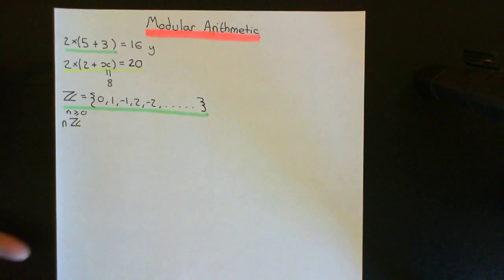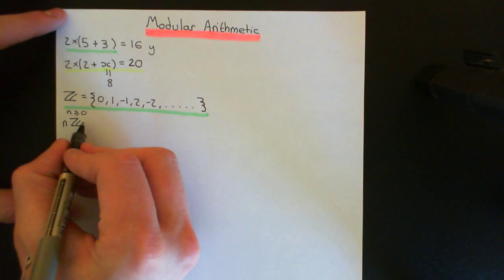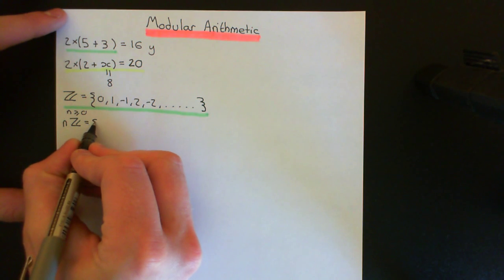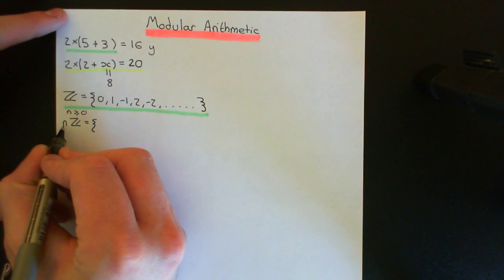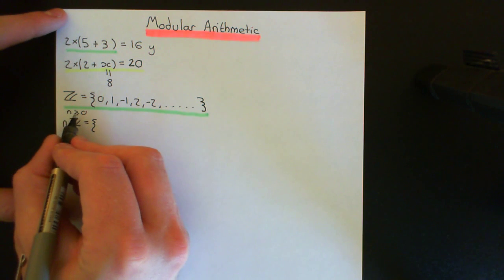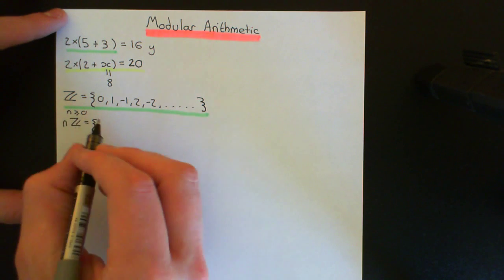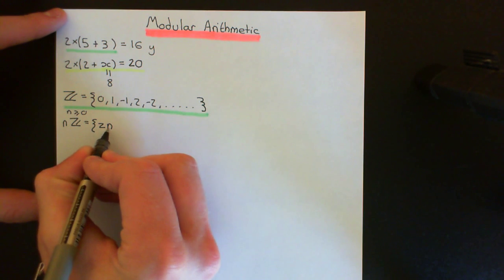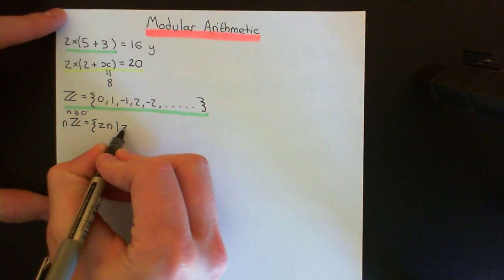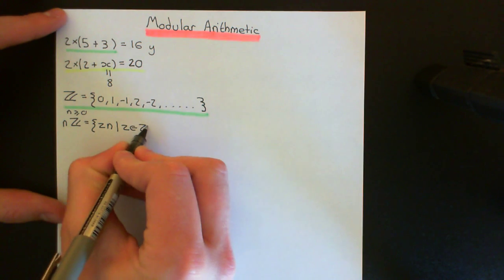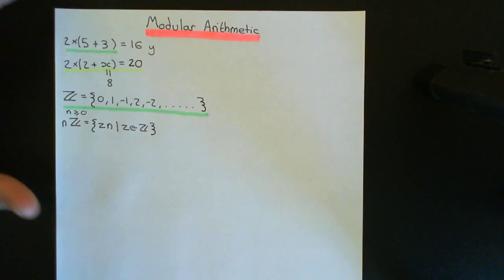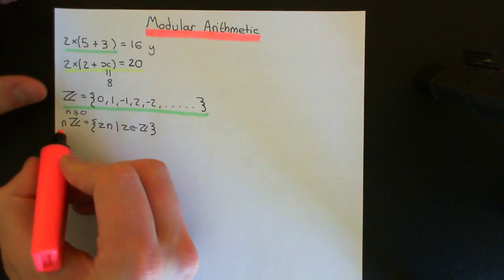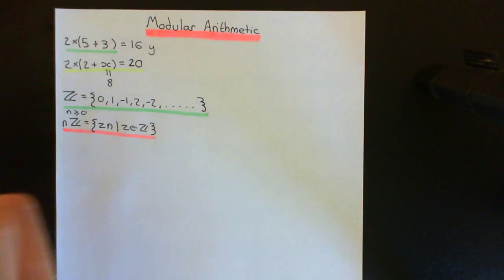And let me make it explicit what I mean by this. nℤ here means all integer multiples of this non-negative integer n. So this means all things of the form z times n, where z is an element of the integers.